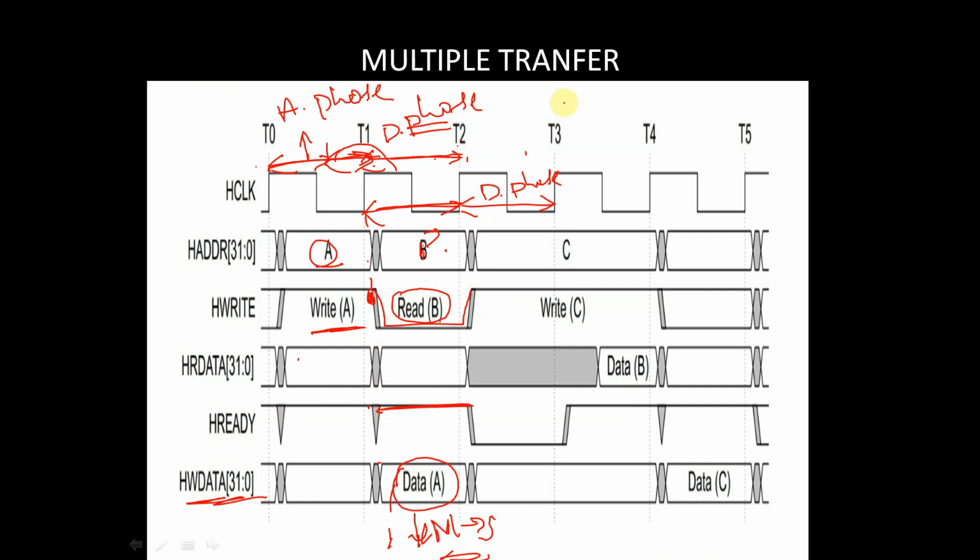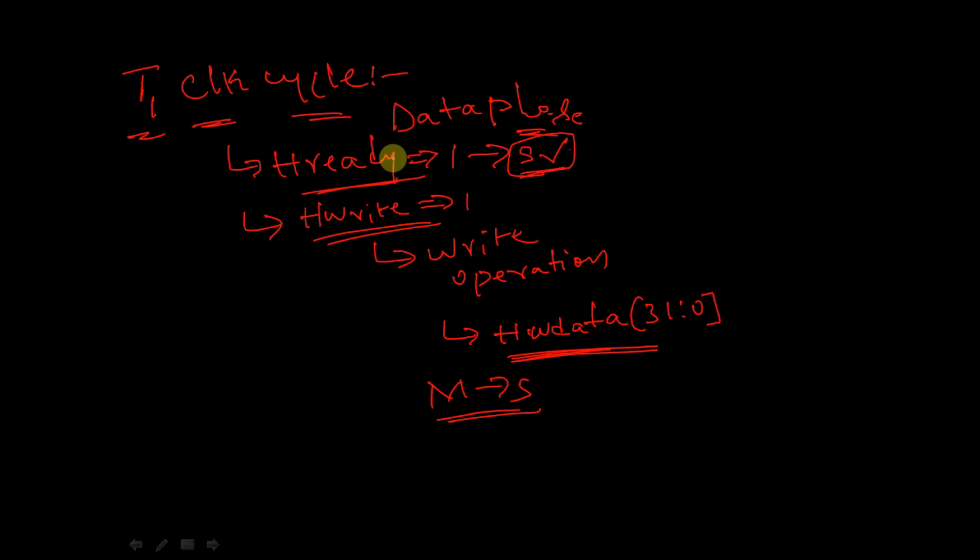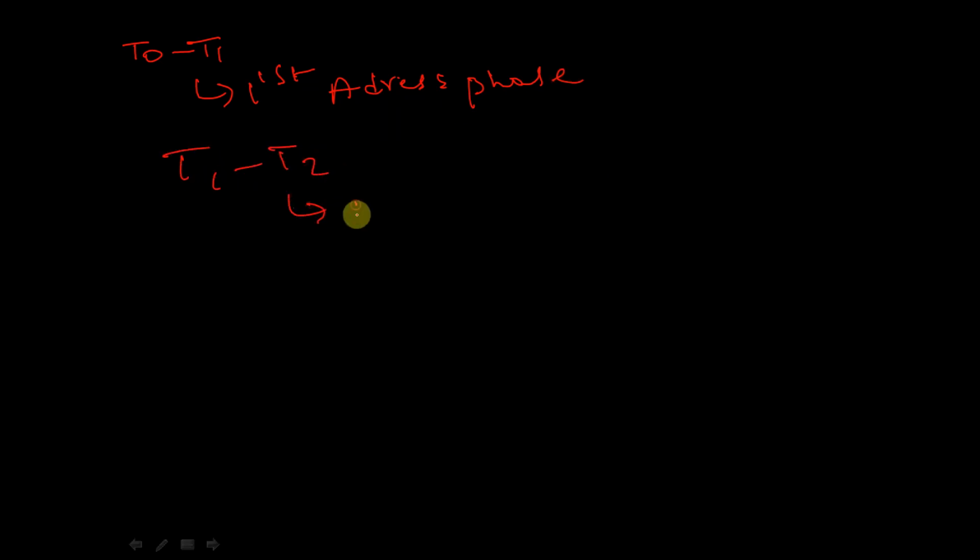So in the data phase, T0 to T1 is the first address phase and T1 to T2 is the first data phase.